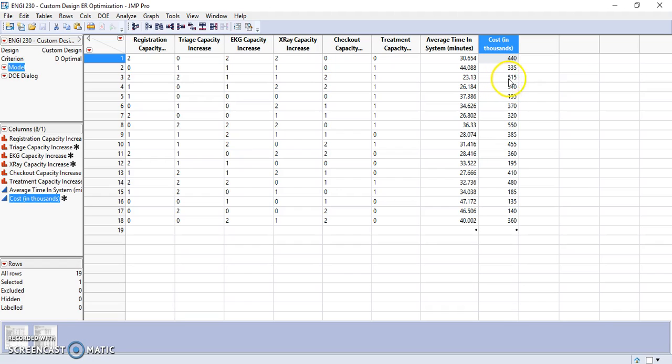Here I'm adding, this costs $515,000, but the average time in system is 23.13 minutes. That's great, but that costs so much. But then look down here, you're losing 3 minutes, and oh no. But something like this, 335 versus 155, takes less time.